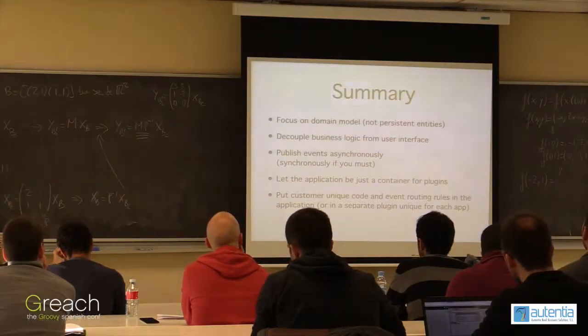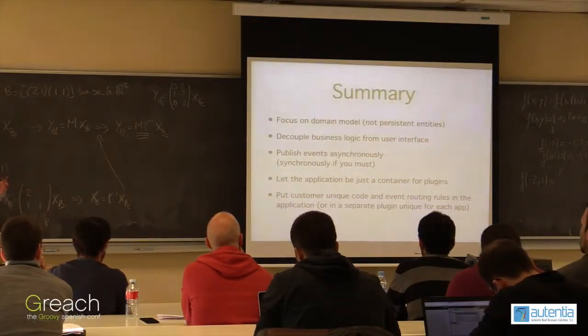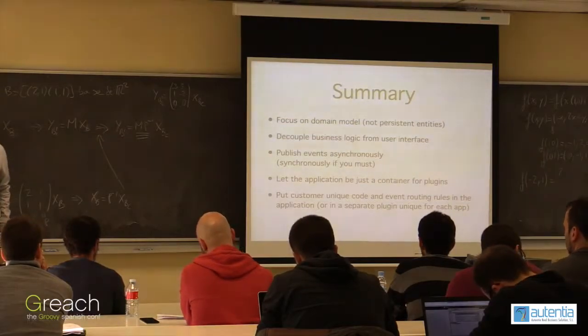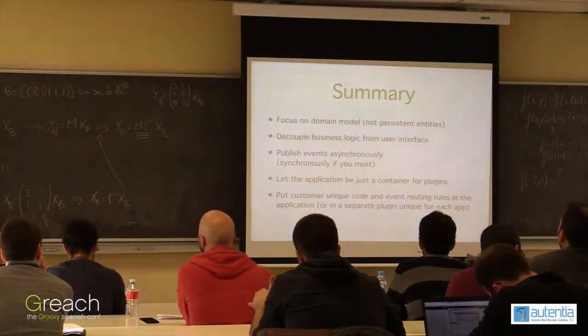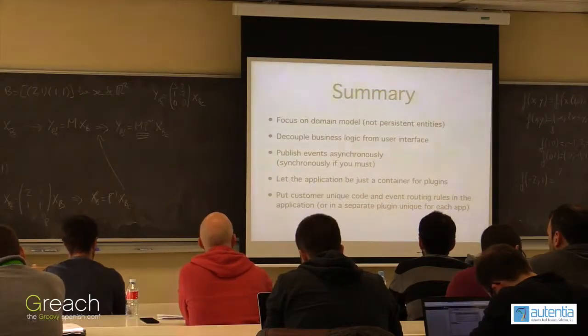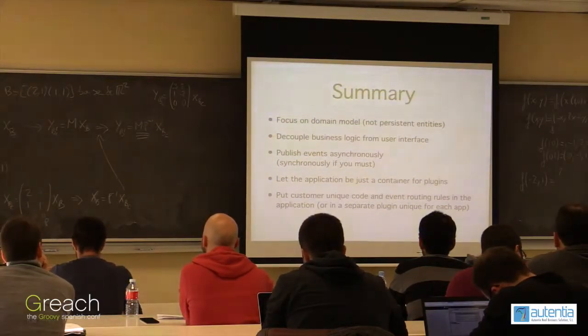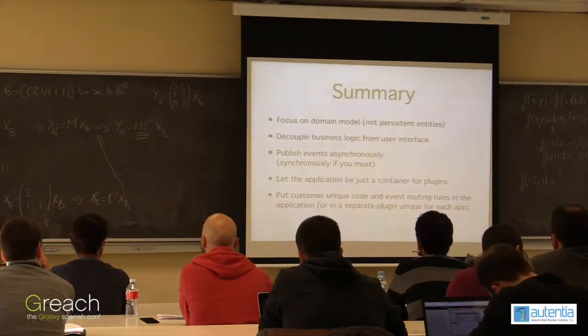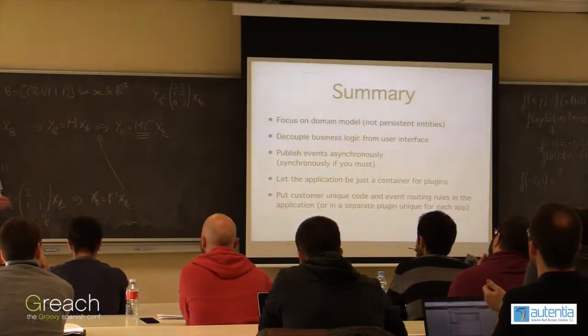So, summary: focus on the main model for each plugin. Each plugin should be doing one thing well. Decouple the business logic from the user interface. Use event messaging to talk between plugins. And let the application be the director that routes events from one plugin to another.